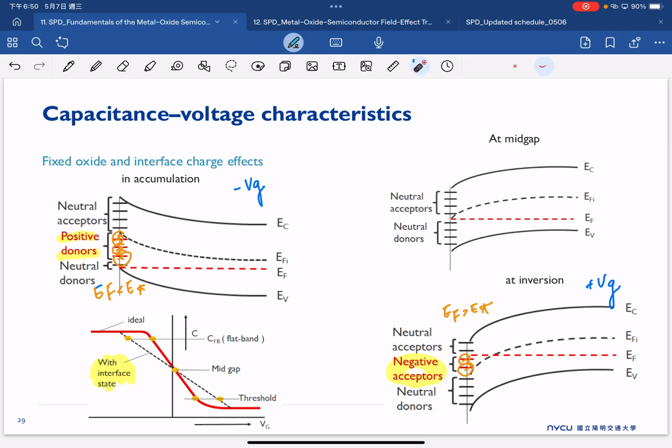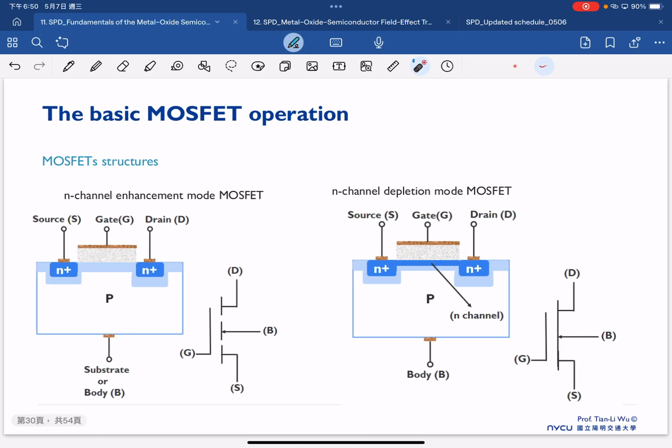Okay, so finally we finish the CV, and we will start to move to the transistor, which is the MOSFET. We have mentioned MOSFET many times. Finally, we will move to this one to really understand the operation of the MOS transistor.